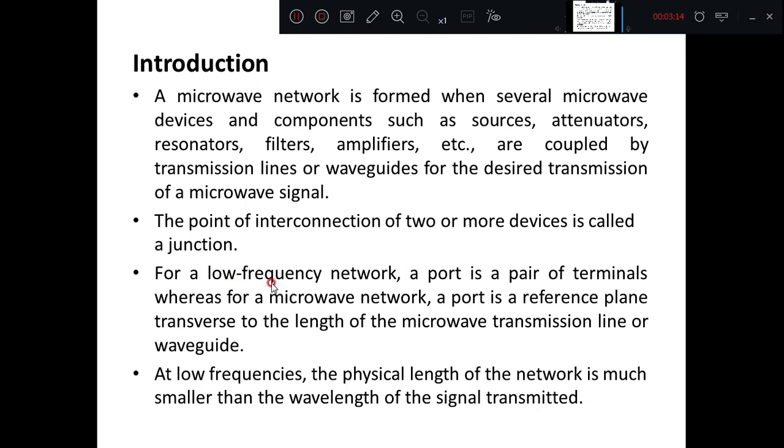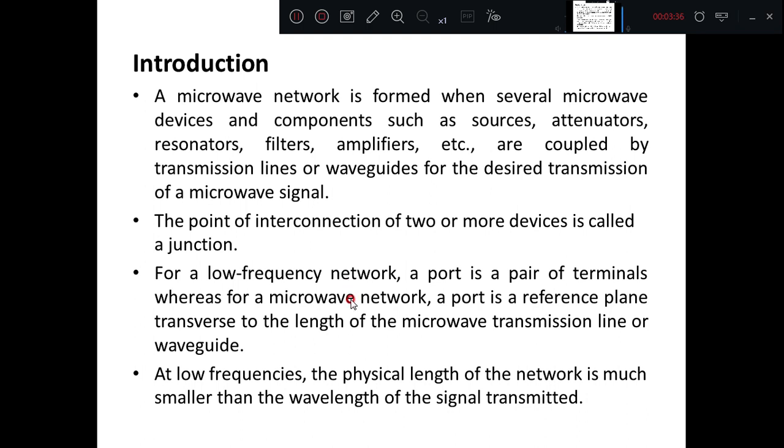For a very low frequency, a simple port is nothing but a pair of terminals. As you studied in network theory, you have come across a two-port network where you have two ports, the input as well as the output port, with respect to both current and voltage.